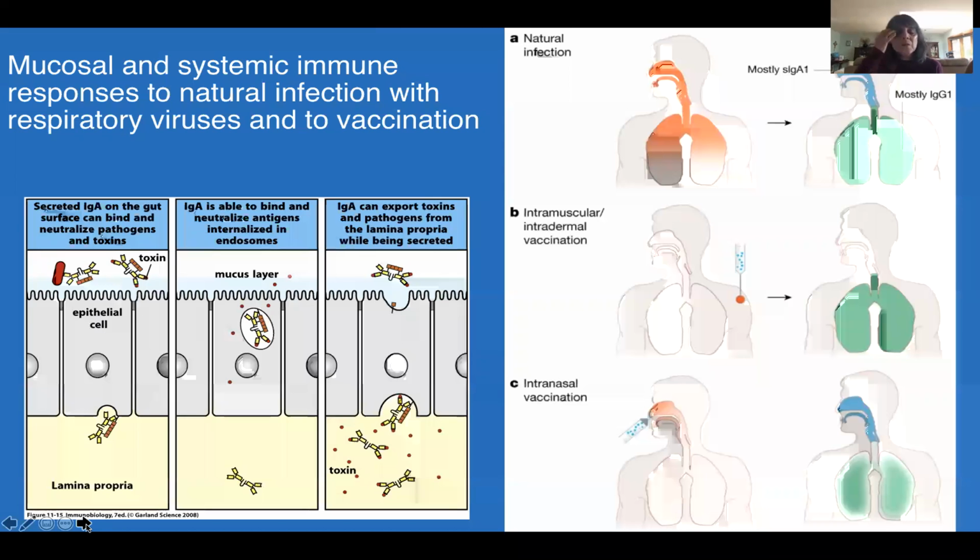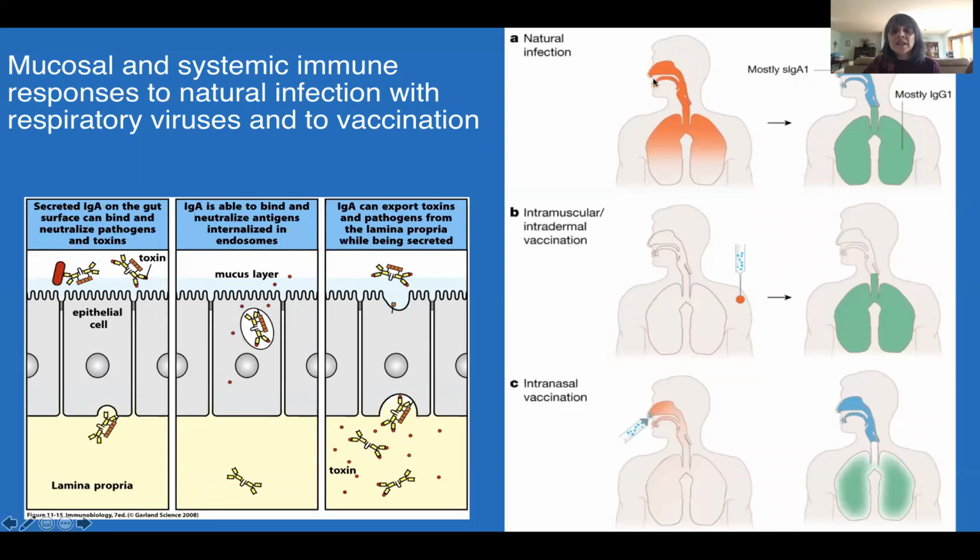Now, one thing I want to talk about here briefly is something that is kind of getting ignored when we talk about the Moderna and Pfizer vaccines. And that is, remember that the infection by the virus is through the nasal passages. It enters through mucosal surfaces. And in an ideal world, we really want to get immunity, production of IgA antibodies in these nasal passages.